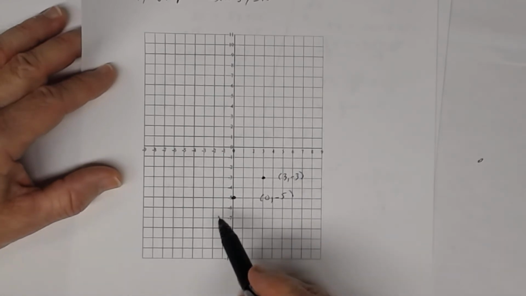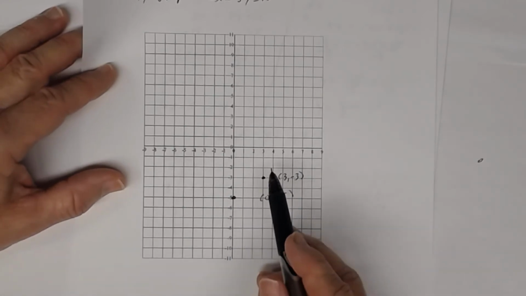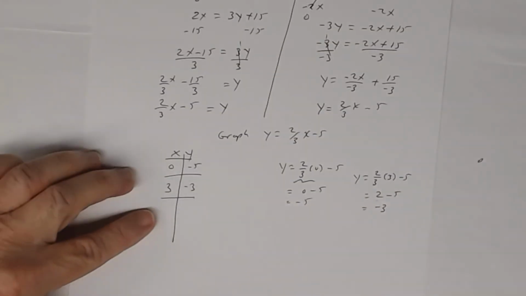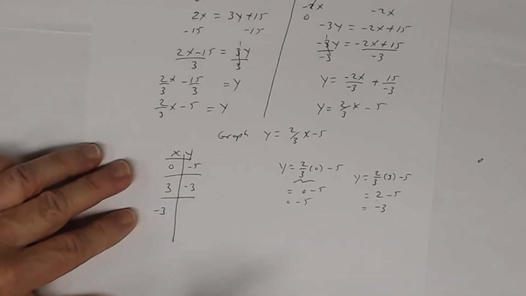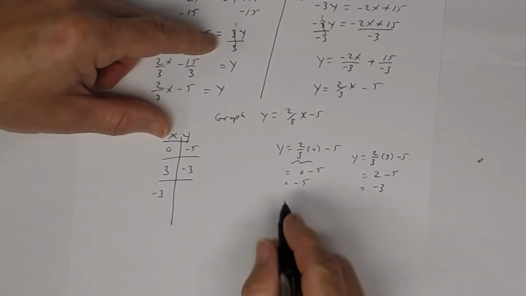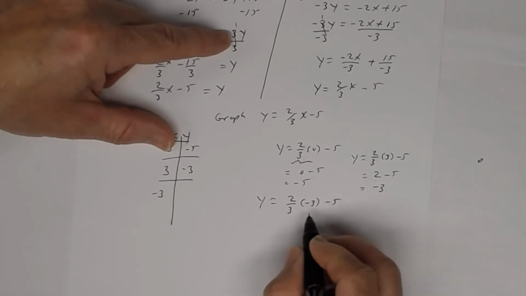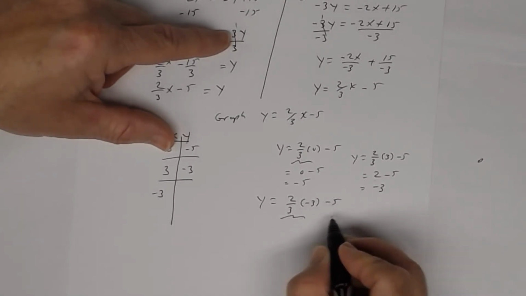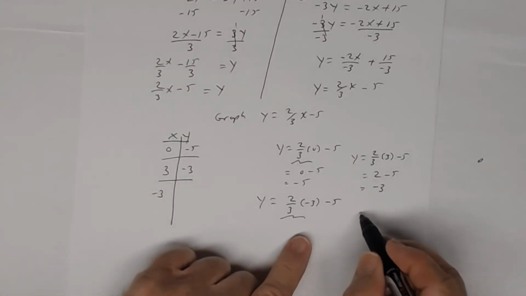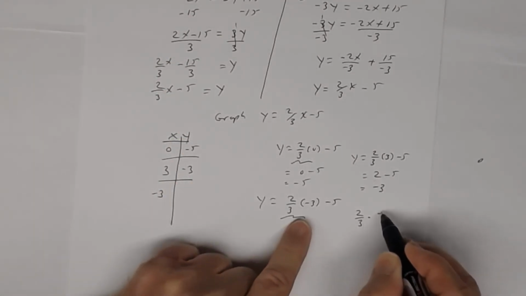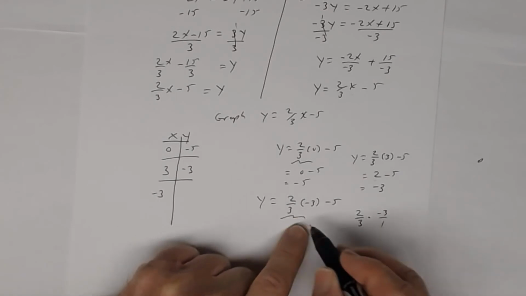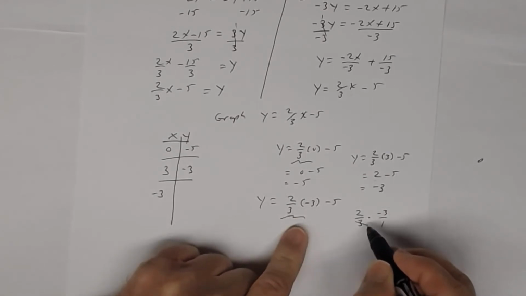All right, be careful. You could have made a mistake here, so use one more point. So if x is, let's say, negative 3, let's see what we get. So y equals 2/3 times a negative 3 minus 5. Okay, now be careful. Go off to the side and figure this out if you have to. 2/3 times a negative 3 divided by 1, right? That's what this is. 3 divided by 3 is 1.